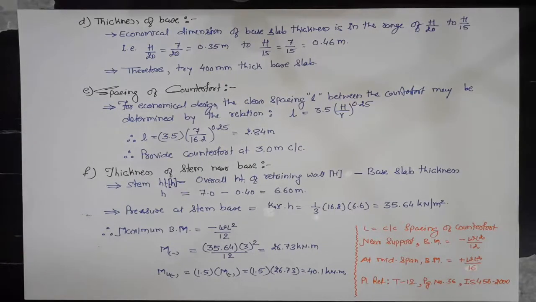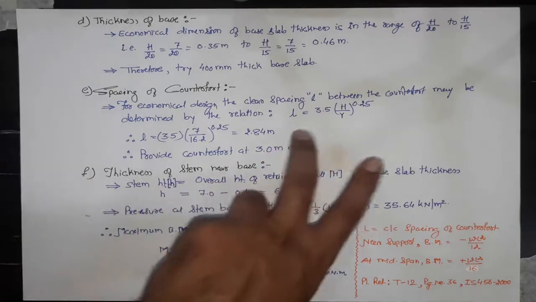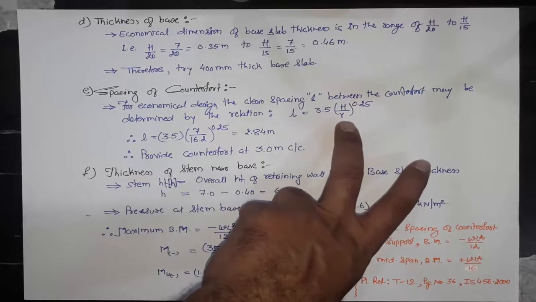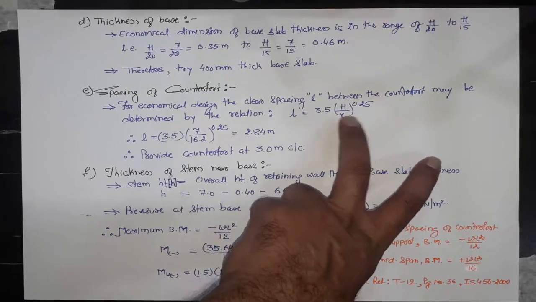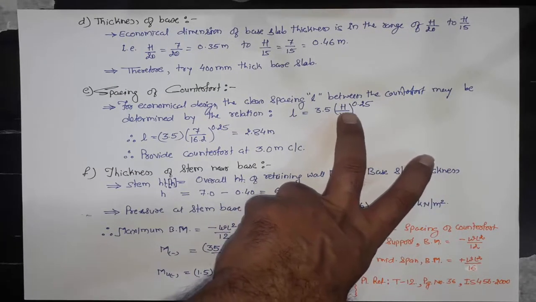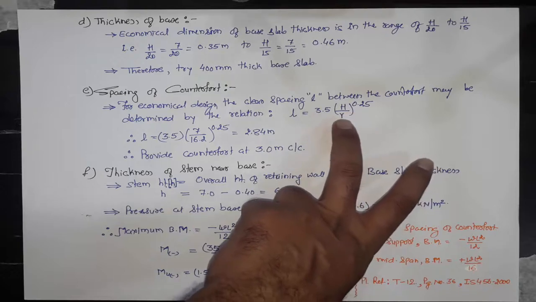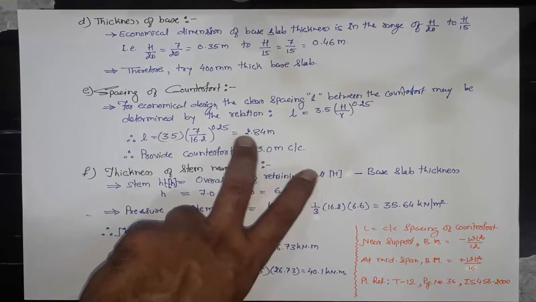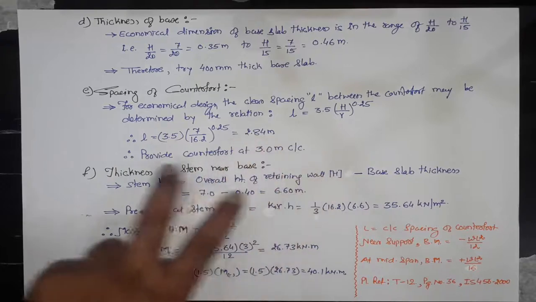Spacing of counterfort. For economical design, the spacing between the counterforts should be determined from the following relation, that is 3.5 into (h by gamma) whole raised to 0.25, where h stands for the overall height of the retaining wall, gamma is the unit weight of soil. This comes out to be 2.84 meter.